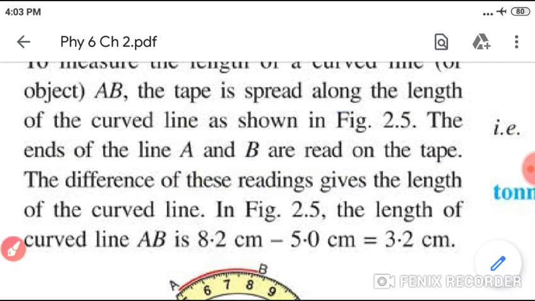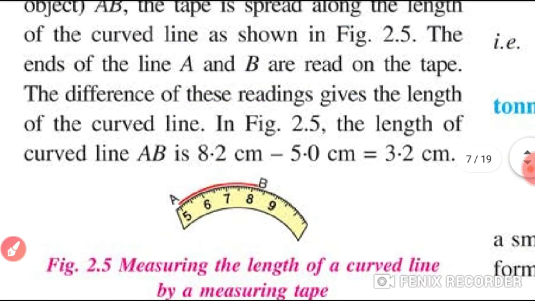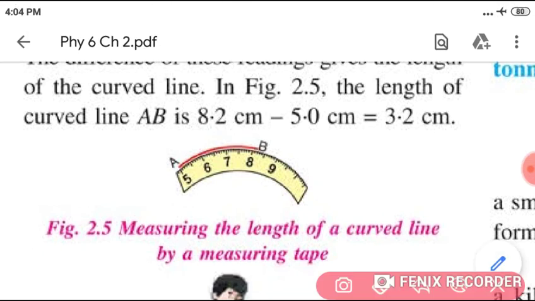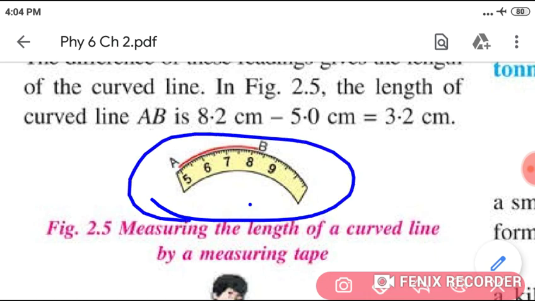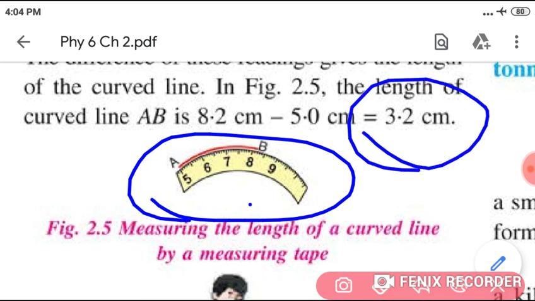In figure 2.5, the length of the curved line AB is 8.2 minus 5.0. This is one example given here, students. So 8.2 centimeters minus 5.0 centimeters, you will get its length 3.2 centimeters.